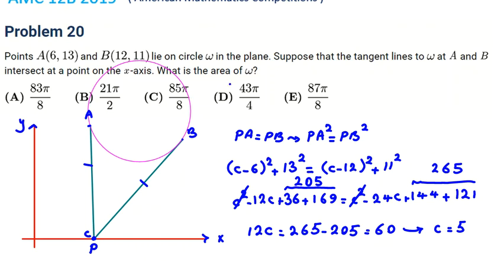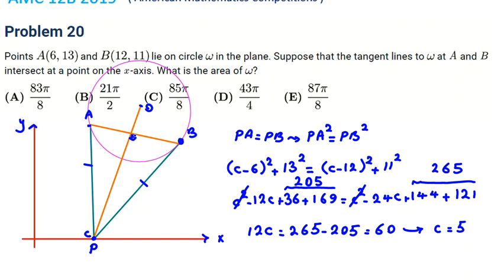Now it says what is the area of omega. If you want to find the area of omega, we have lots of different solutions. One solution: suppose B is this point, A is this point, and O is here.